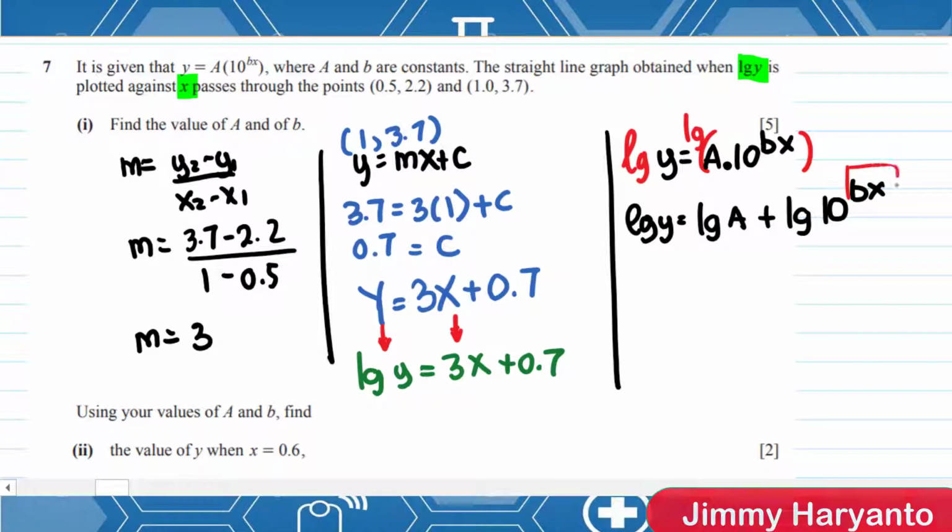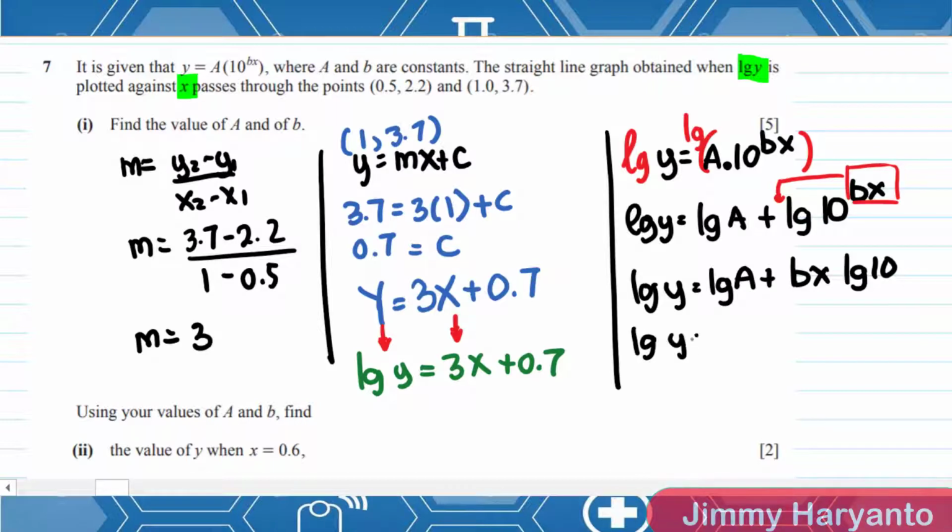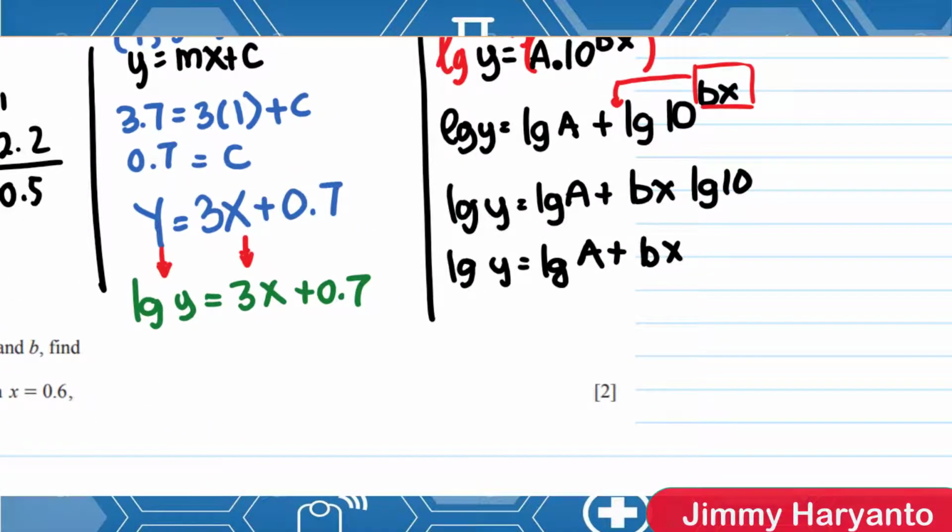After that, the bx can go to the front: LGY equals LGA plus bx LG10. LG10 equals 1, so LGY equals LGA plus bx. The coefficient in front of x is b, so b equals 3. This is our first answer.